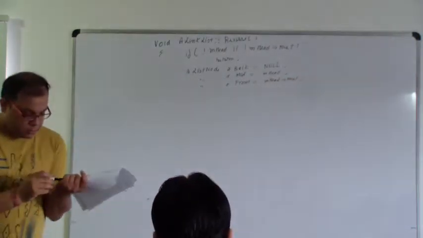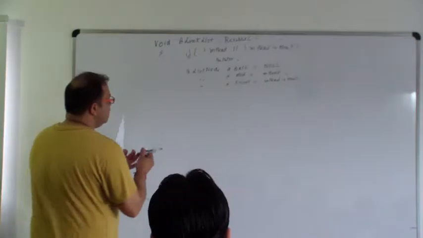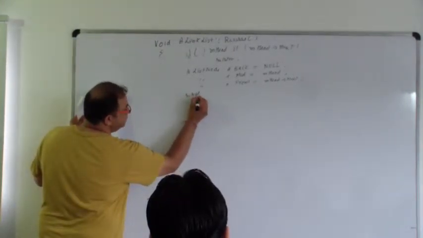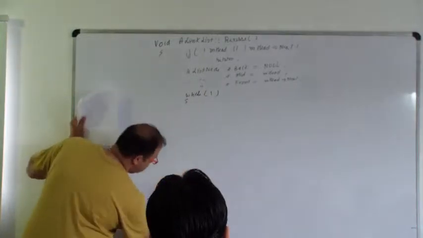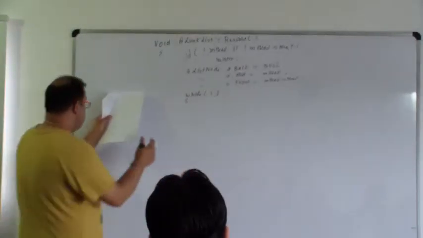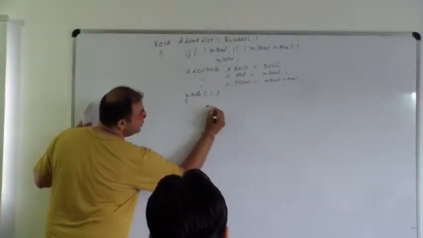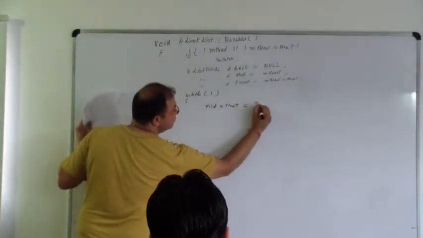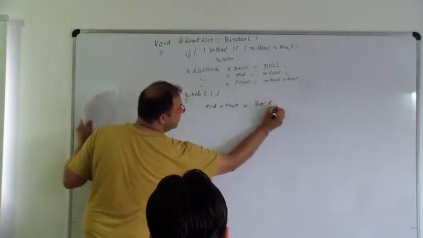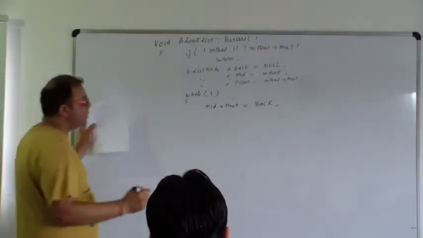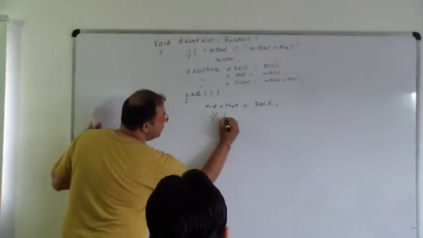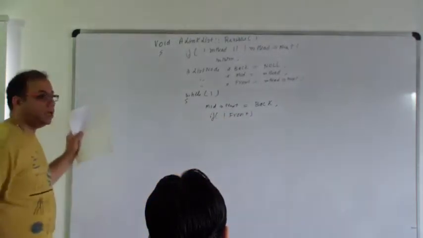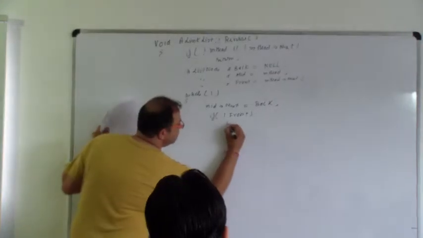Okay, and we will write while one. We will do middle arrow next is equal to back, and then we will check if not front, which means the front has reached null, then we just break.